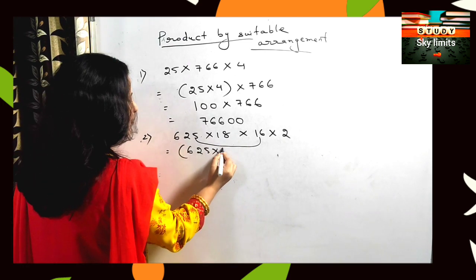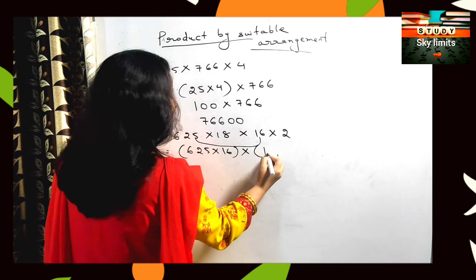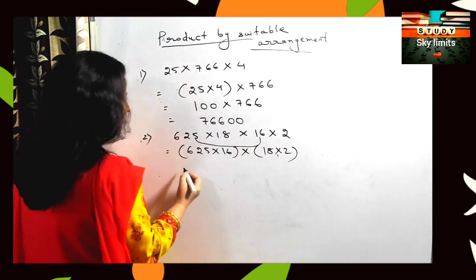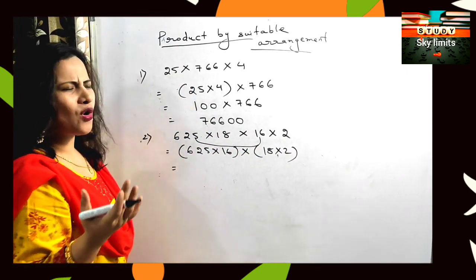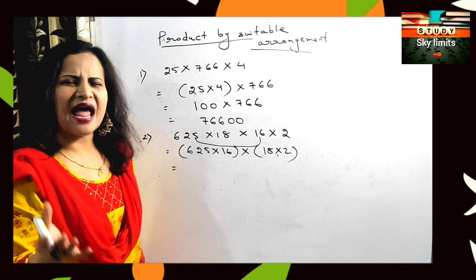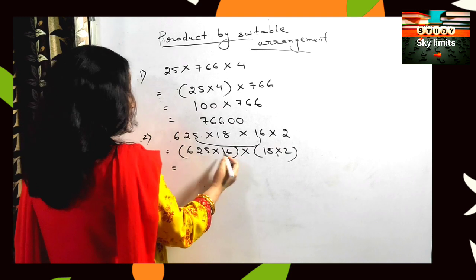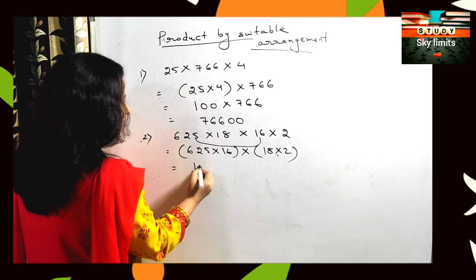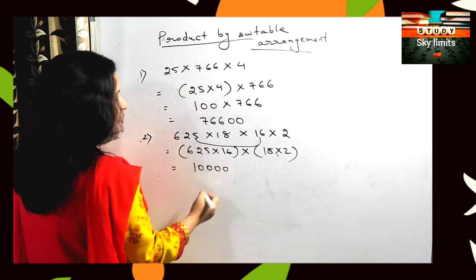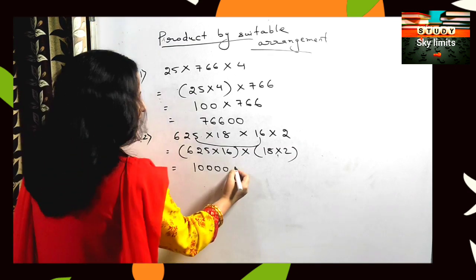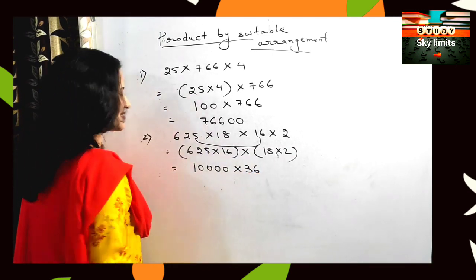625 with 16 and 18 with 2. Okay? So what will make your multiplication so simple that you can do it orally? As you can check out, how much you're getting here after multiplying? 10,000. Okay? And here 36.